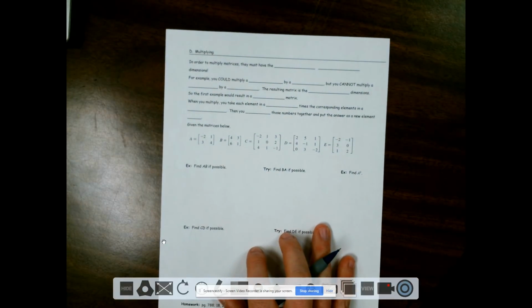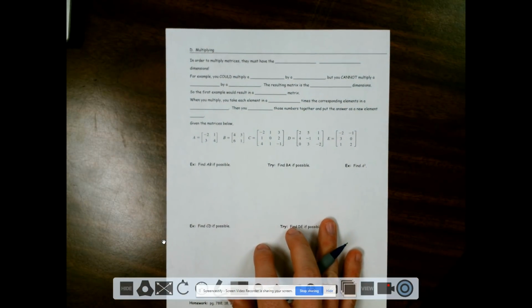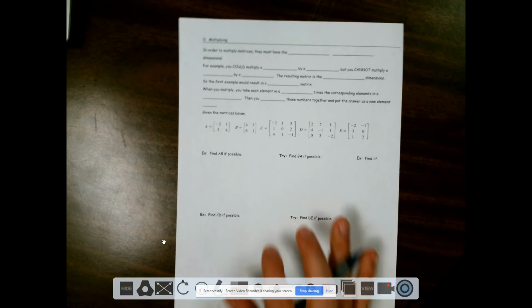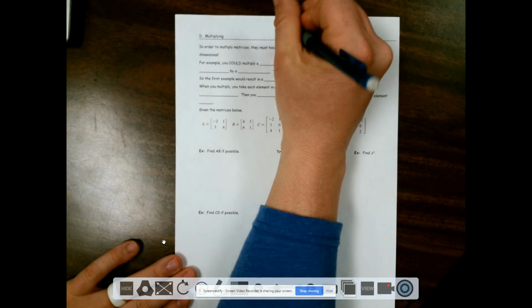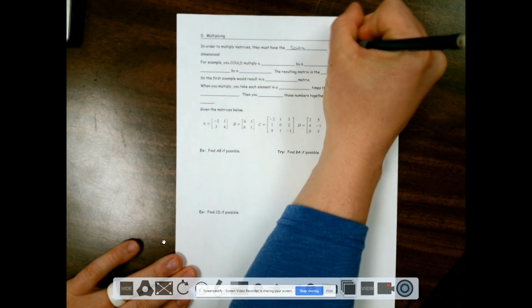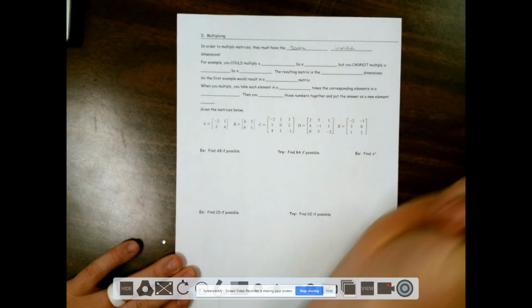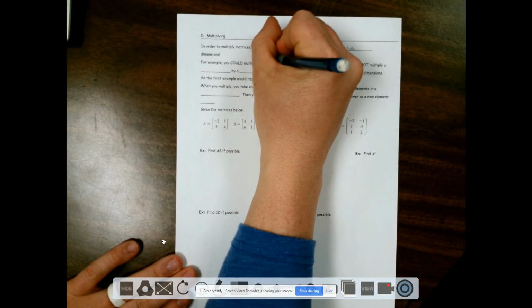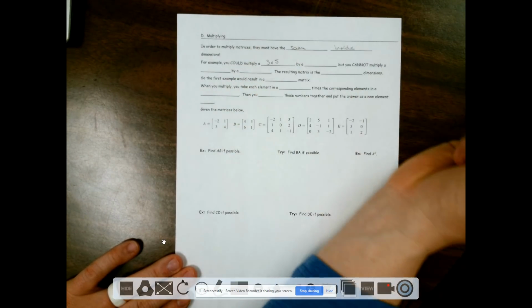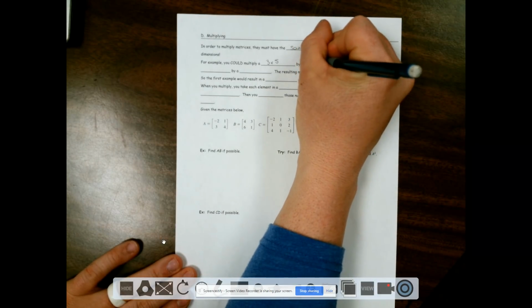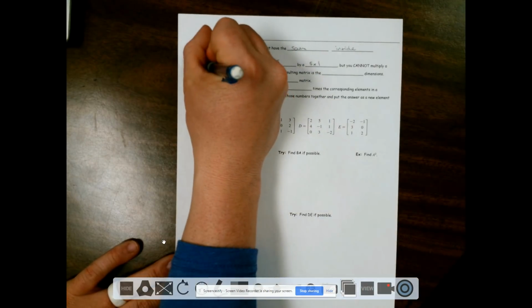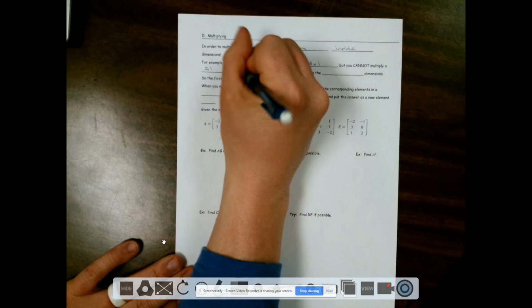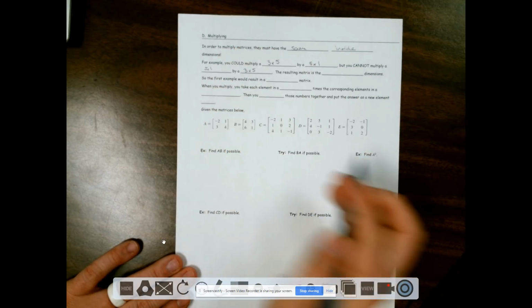Okay, so let's go straight into multiplying matrices here. In order to multiply matrices, they must have the same inside dimensions. For example, you can multiply a 3 by 5 matrix by a 5 by 1 matrix, but you cannot multiply a 5 by 1 matrix by a 3 by 5, because the inside numbers match here.